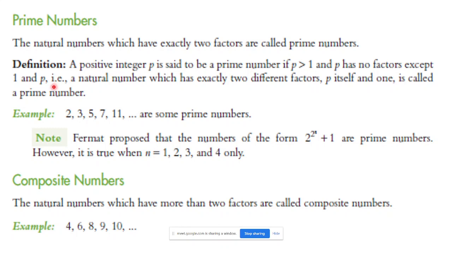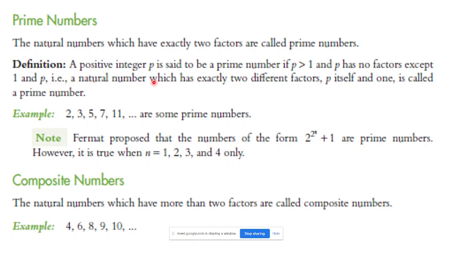That is, do you know this symbol, my dear children? What is the meaning of this i.e.? Do you know the meaning of i.e.? The meaning of that symbol is "that is".